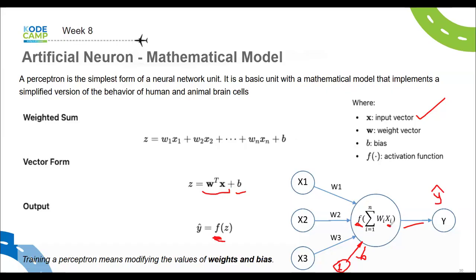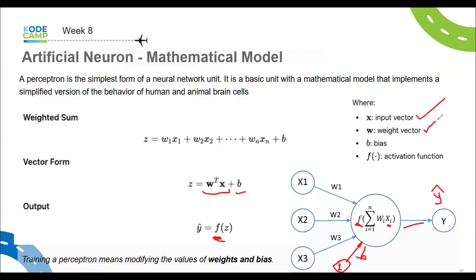But if you now turn it into a matrix, then each row in the matrix represents a separate sample or data point. So you now have an input matrix that is made up of samples and the features of those samples.